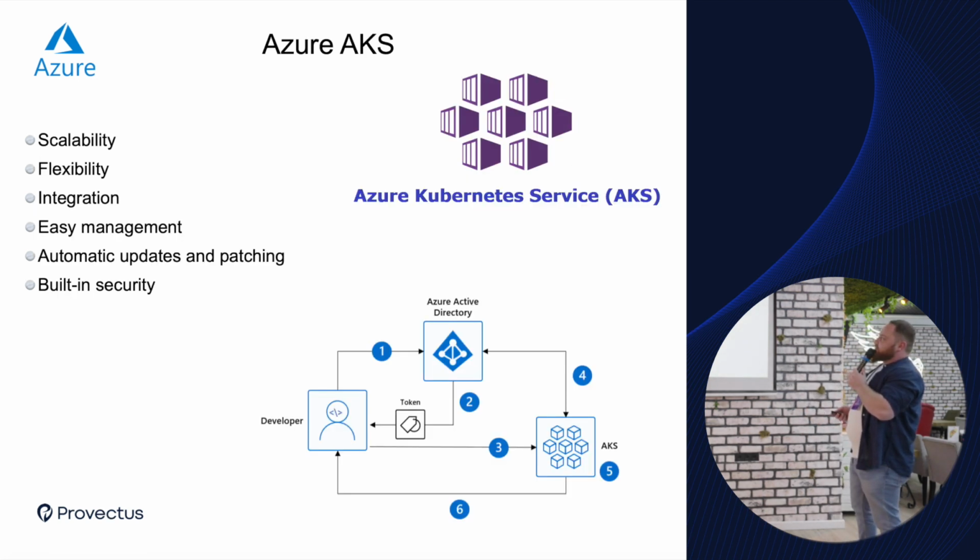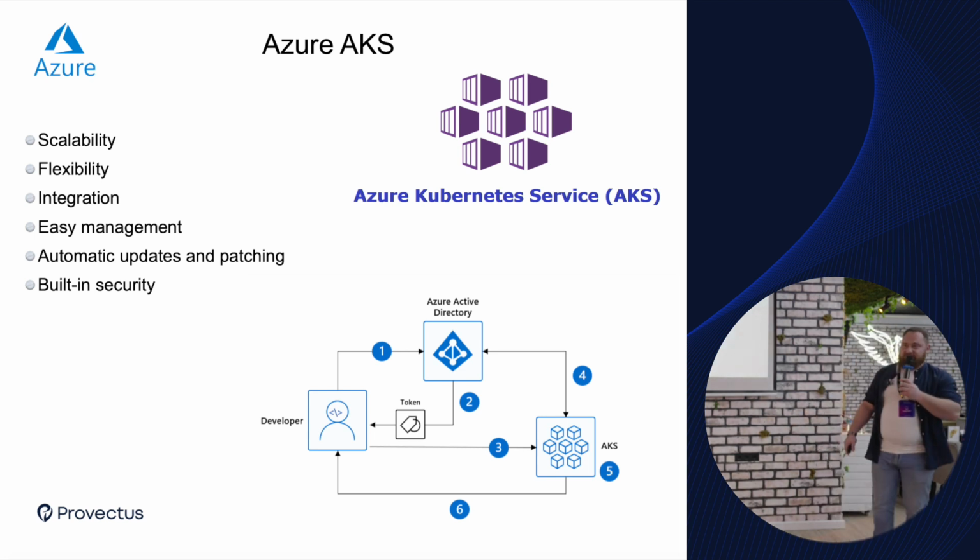And the next one, we can talk about Azure AKS, the Kubernetes service provided by Azure. Again, you can see it's scalable, flexible, and can be integrated with various systems. It's really easy to manage this Kubernetes service. You can do it from the CLI, you can do it directly from the portal, and it provides all the information there.